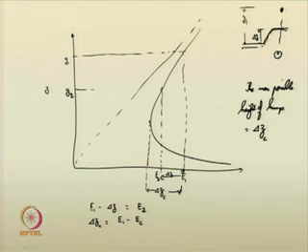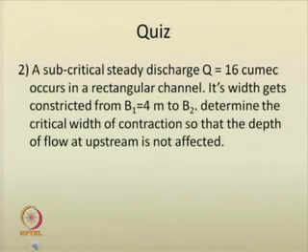The solution for the next problem: we have given a subcritical steady discharge Q, that is Q is equal to 16 cubic meters per second. So, the width gets reduced from 4 meter. You are asked to determine the critical width of contraction, so that the depth of flow at upstream is not affected.